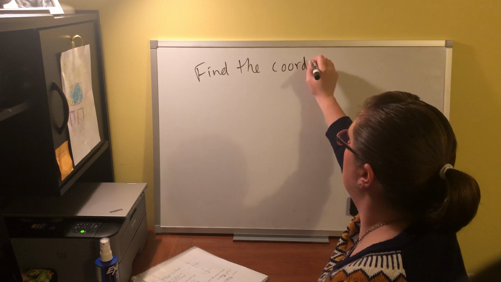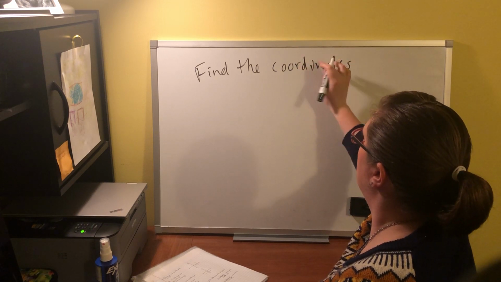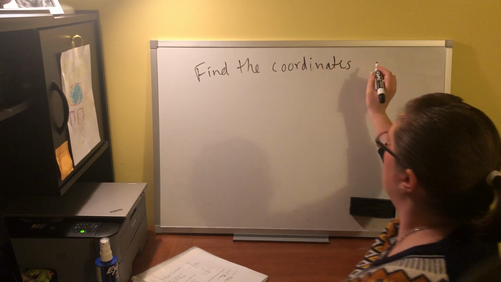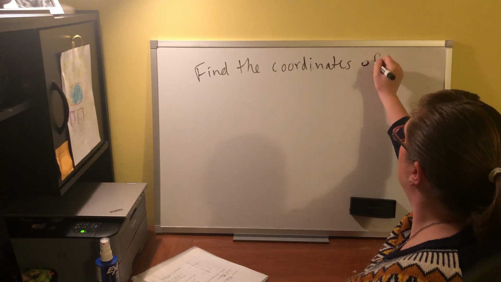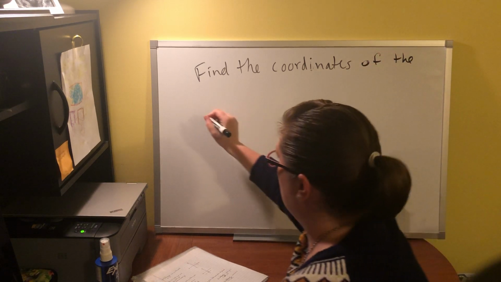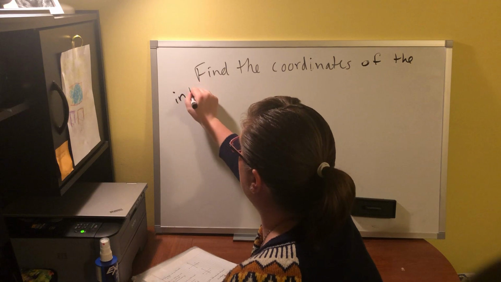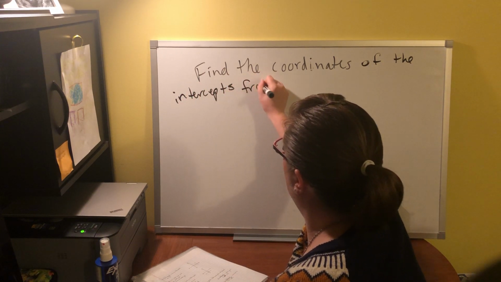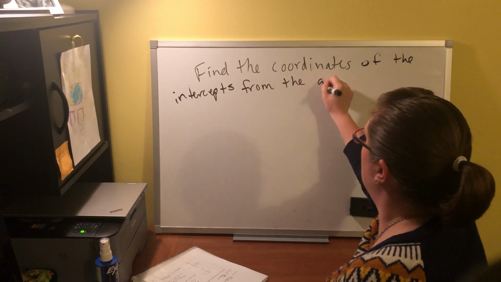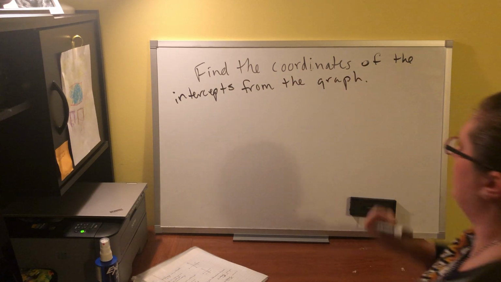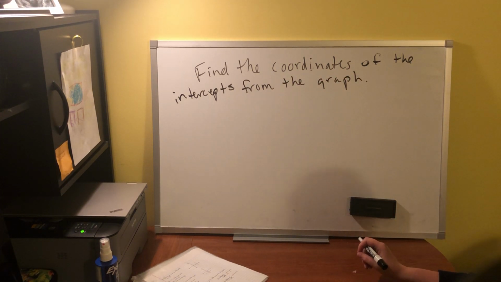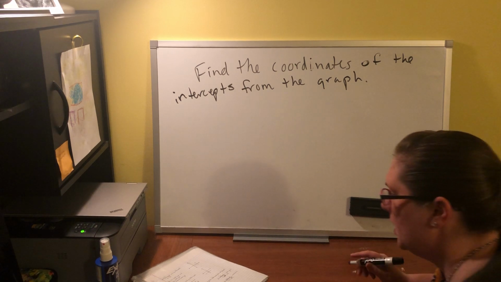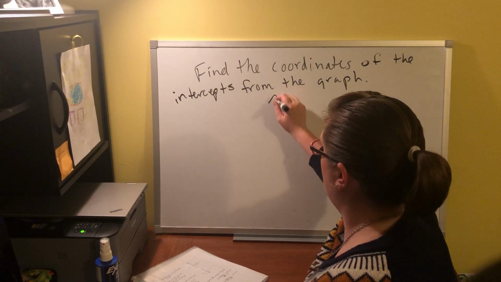Okay, the last thing we're going to cover is they're going to ask you to find the coordinates of the intercepts from the graph. Okay, so find the coordinates of the intercepts from the graph. And they're going to give us a graph.